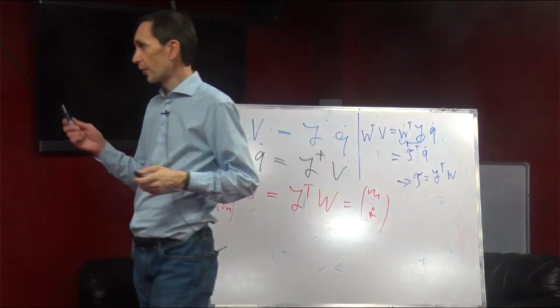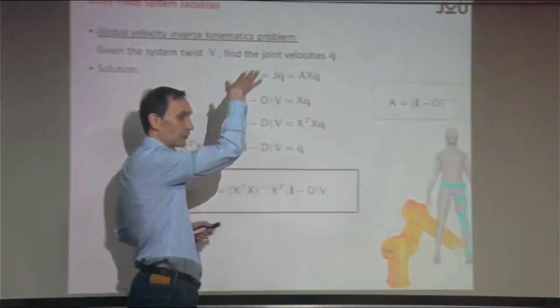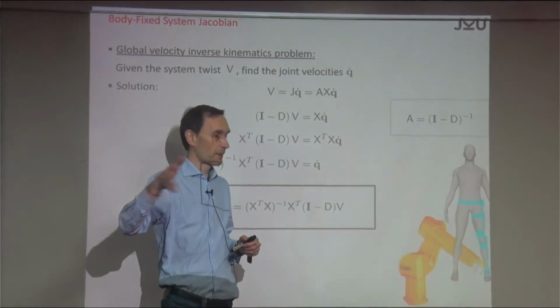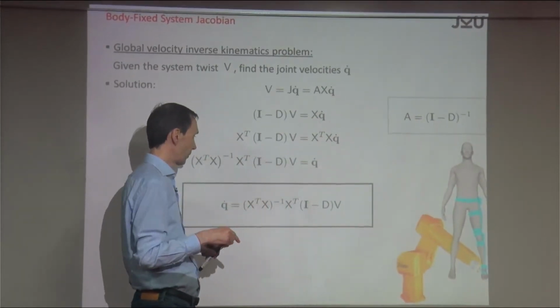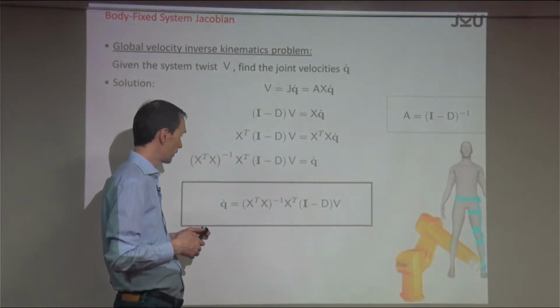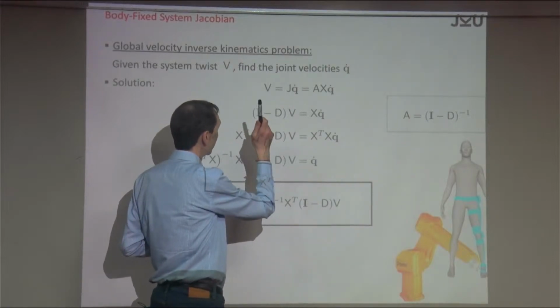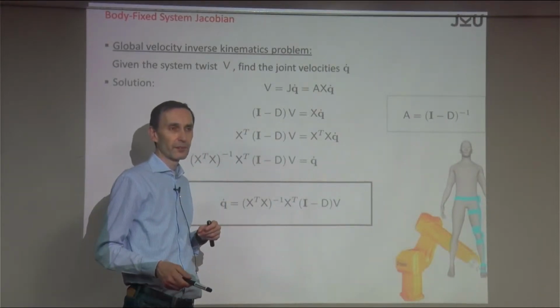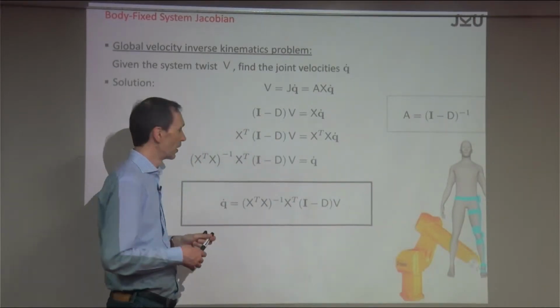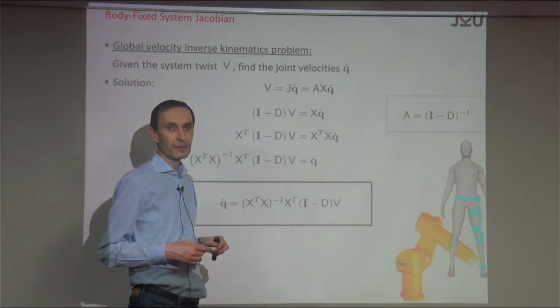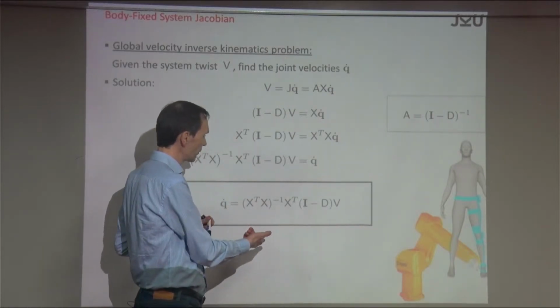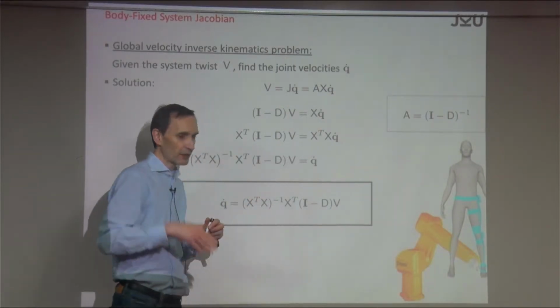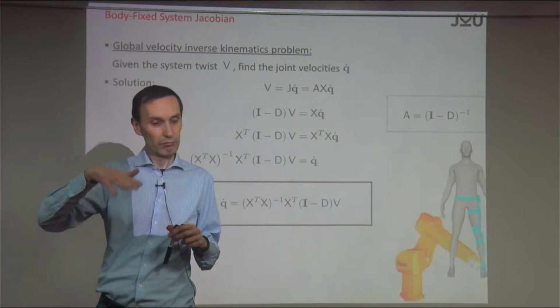In our case, it's a tall matrix because our Jacobian is a 6n times n matrix. Now the pseudo-inverse, we can show this, but maybe not time for that. The pseudo-inverse of a tall matrix, like here, is this. So this is the pseudo-inverse of a matrix that has more rows than columns.